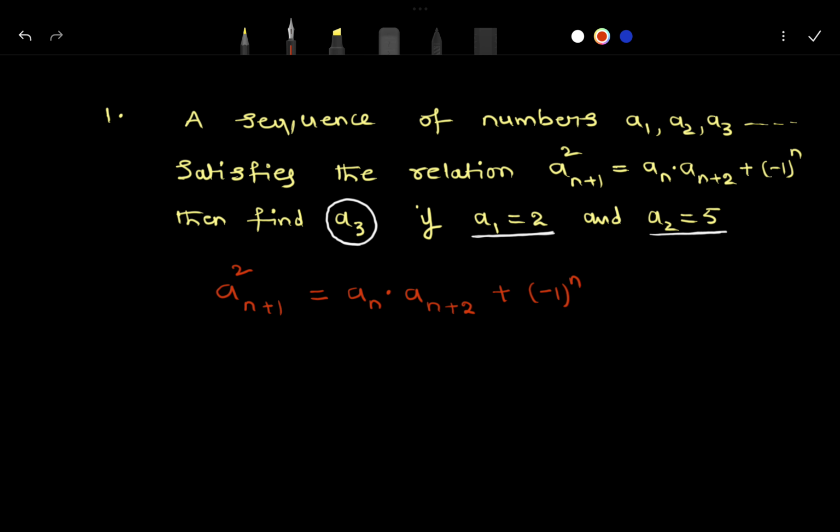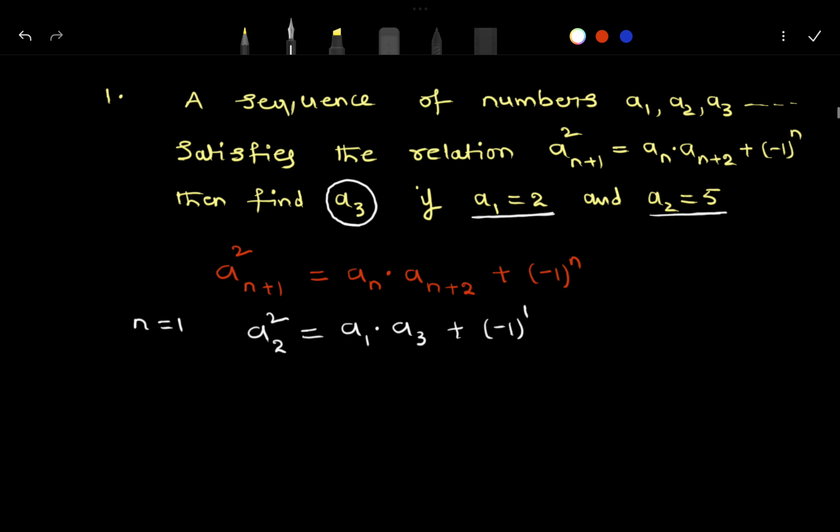So here we will see this one. Put n equal to 1. If you put n equal to 1, that is a2 square is equal to a1 into a3 plus minus 1 whole to the power of 1.